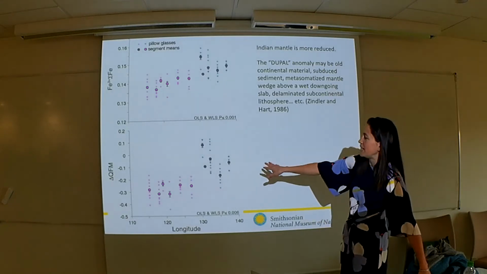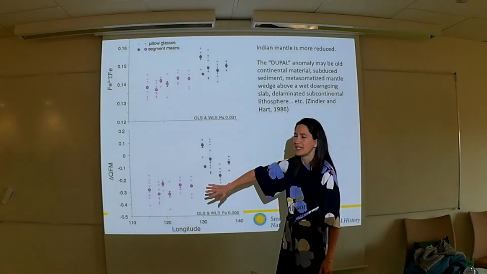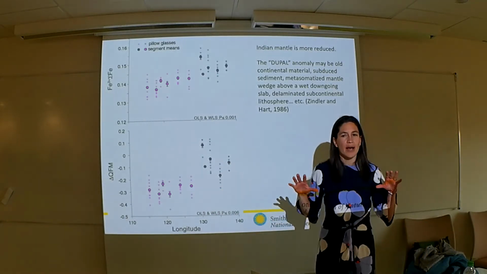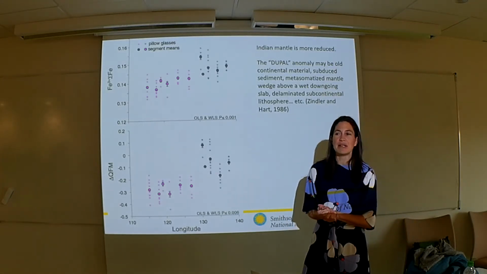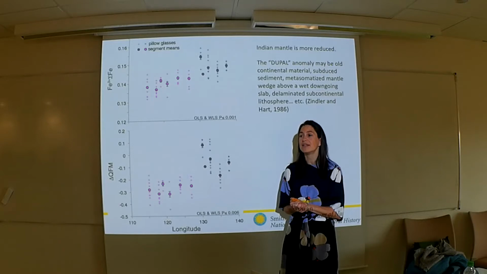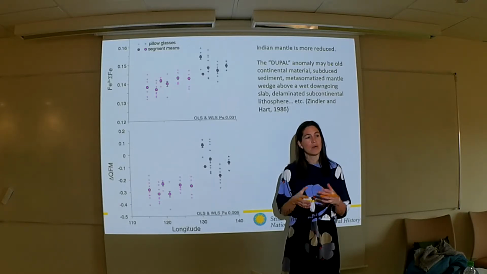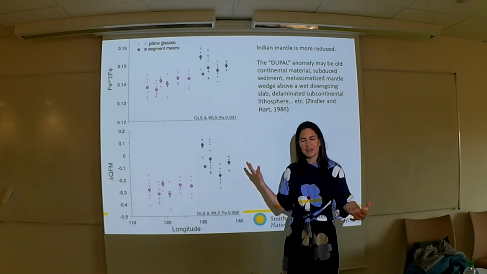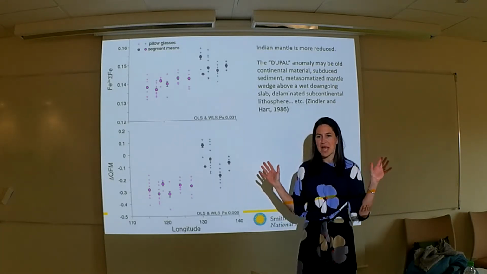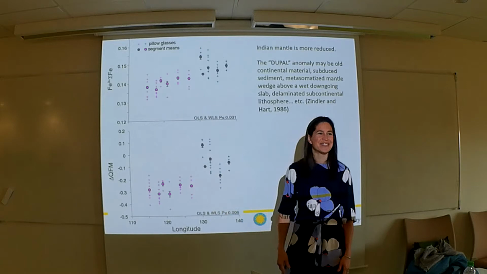What we're showing here is that the Indian Ocean is also a reduced end member globally. Does this mean that we have hemispheric differences in redox, where the Indian Ocean as an entire basin is more reduced than the Pacific and Atlantic? I don't know. I only have the data across the AAD.